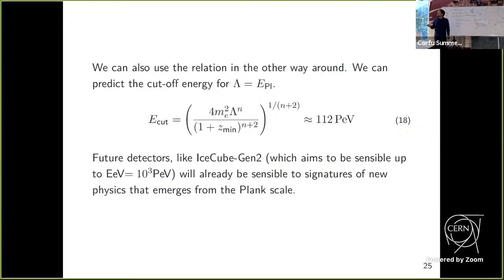For example, future detectors like IceCube Gen2, which aims to be sensitive up to the exa electronvolt, would be already prepared to detect a cutoff if the cutoff is at 100 PeV. So this last slide is like a motivational speech saying that there are some models that predict signatures of new physics that can be detected already by the next generations of detectors.